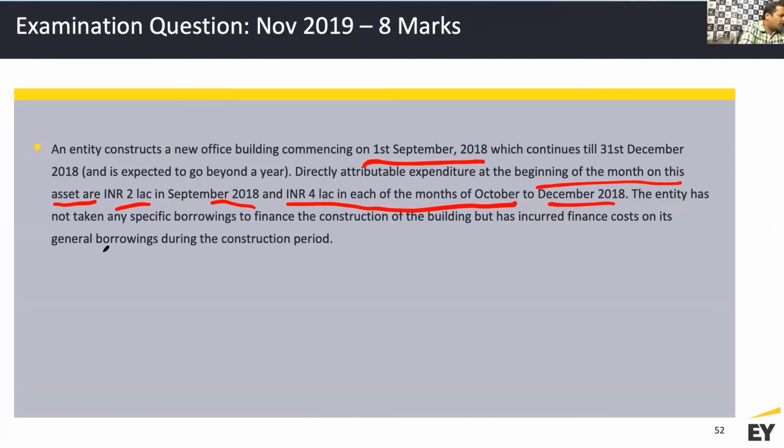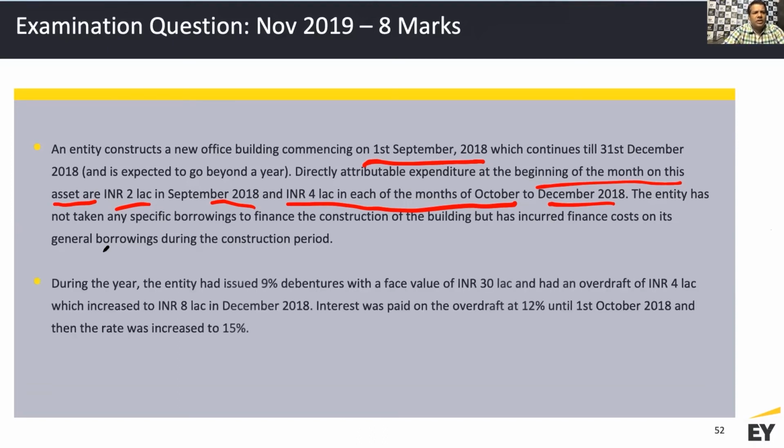The entity has not taken any specific borrowing to finance the construction of the building, but has incurred finance cost on its general borrowing during the construction period.